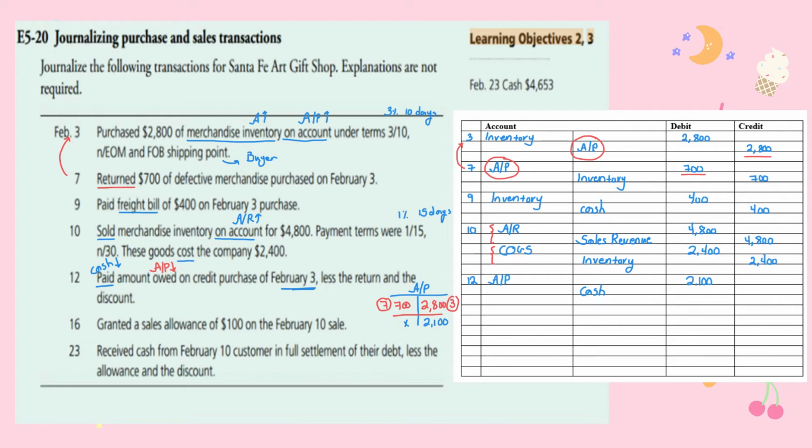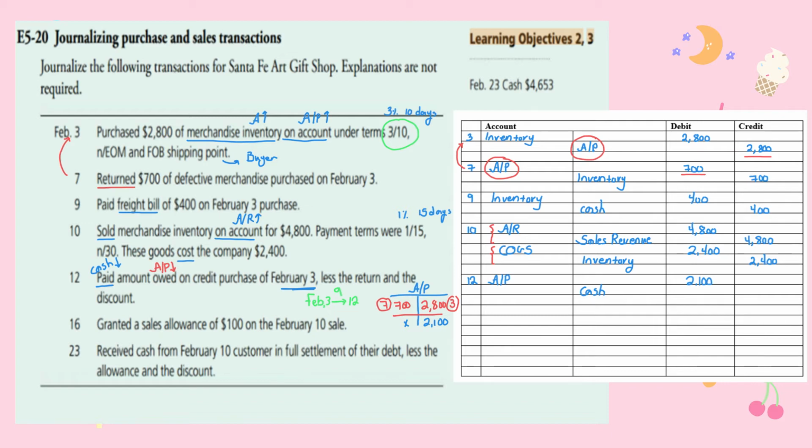Let's check. The terms on February 3rd were a 3% discount if I paid within 10 days. Now, did I pay within 10 days or not? From February 3rd to February 12th, it's 9 days.